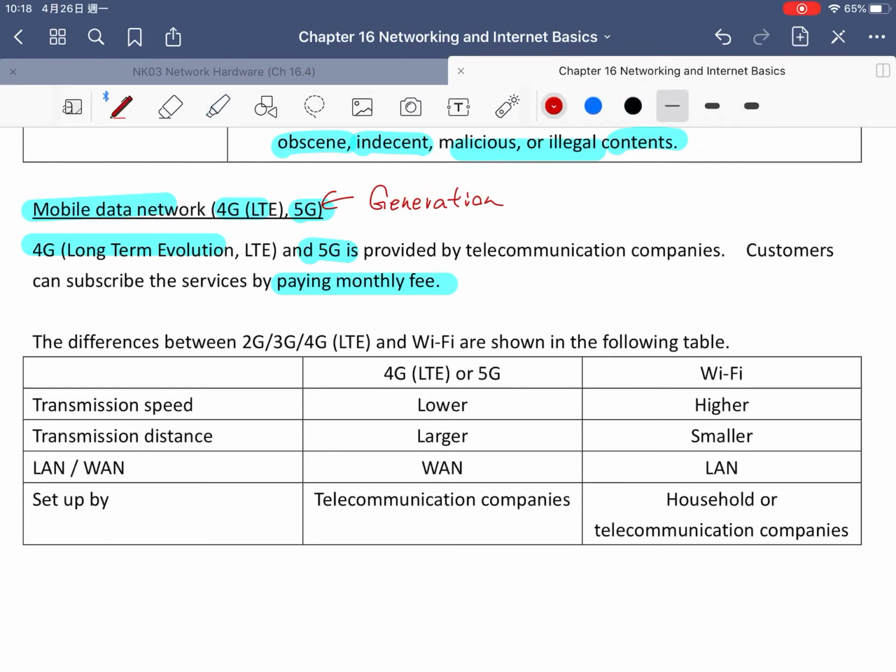There is a very important comparison between them. For mobile data, the speed is lower, but Wi-Fi is higher. For transmission distance, 4G and 5G are larger, Wi-Fi is smaller. And 4G is a WAN technology, while Wi-Fi is LAN only.